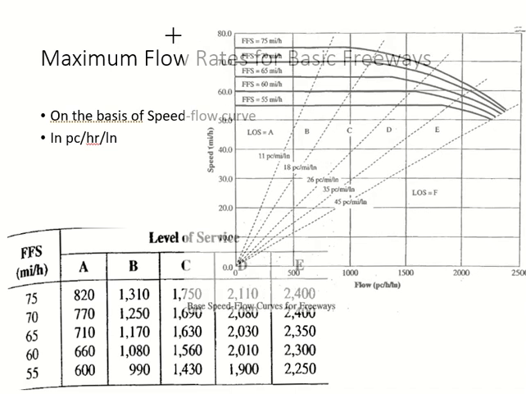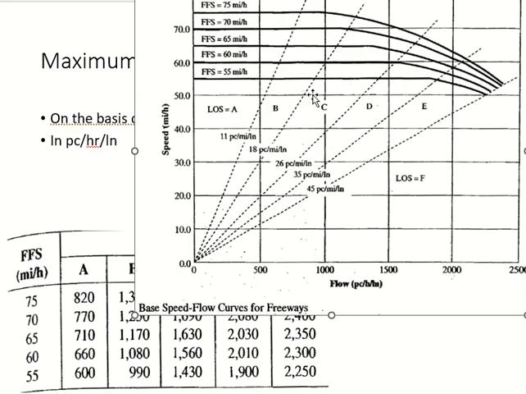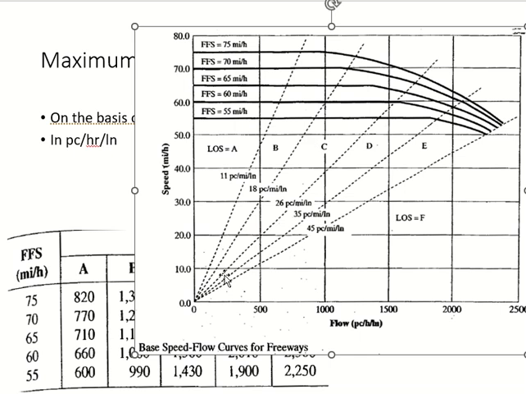For example, I plotted a line for level of service A, by taking the inverse of density. You can see it intersects the curve of 75 at this point. After this line, the level of service is B. When I find the flow from the x-axis at this intersection point, it gives me my service flow rate.